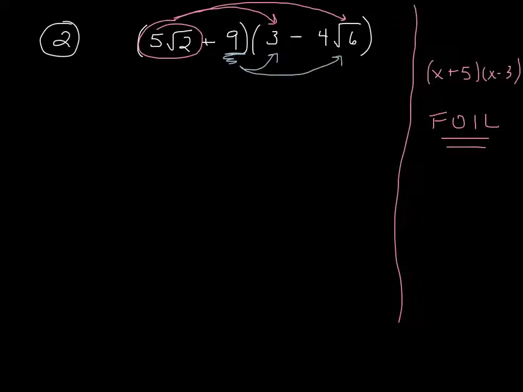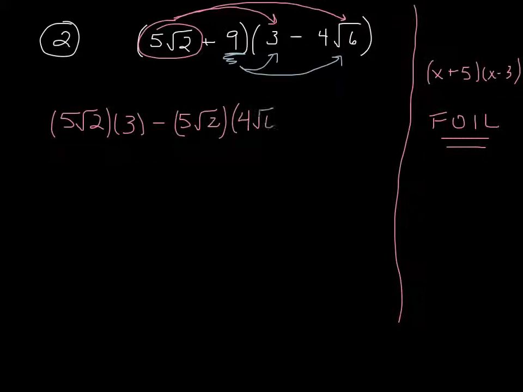So let's start with our first set. 5 radical 2 times 3 minus 5 radical 2 times 4 radical 6. That takes care of the distributing with that first term.